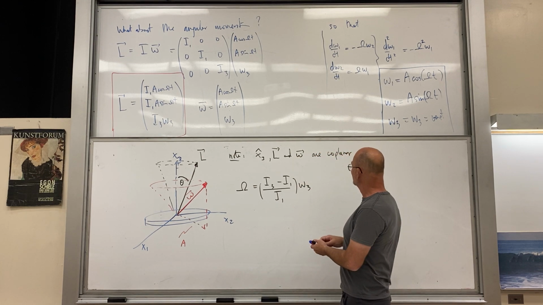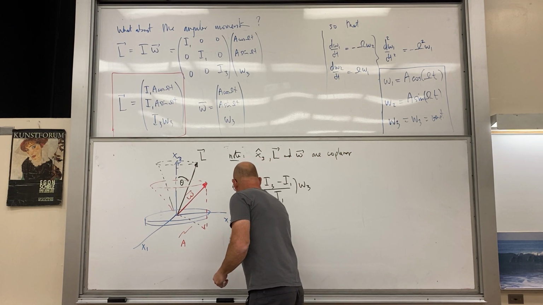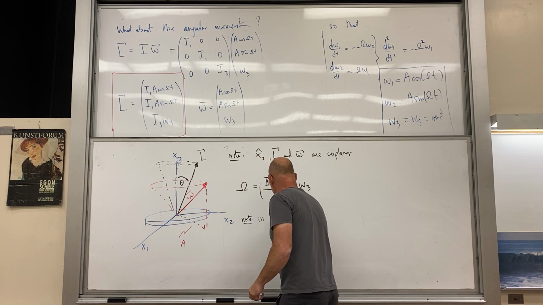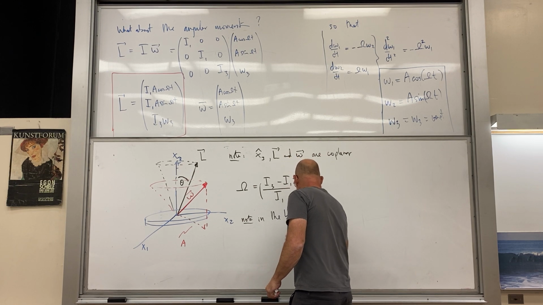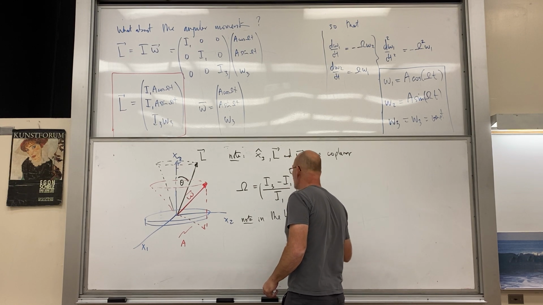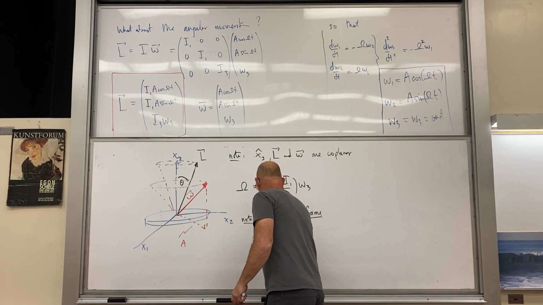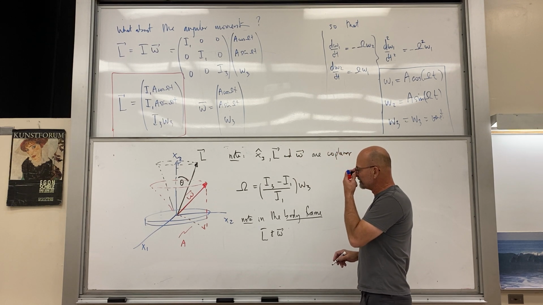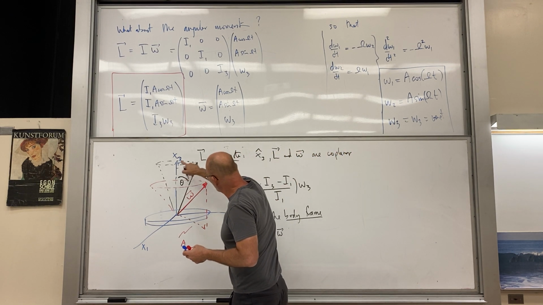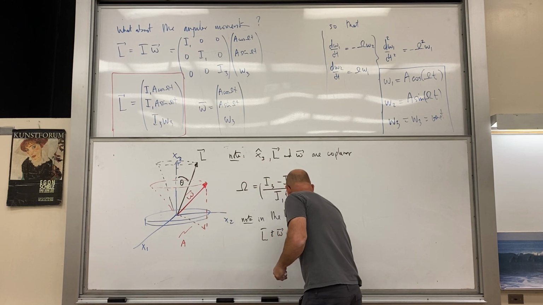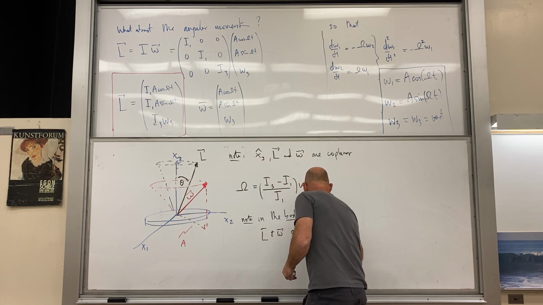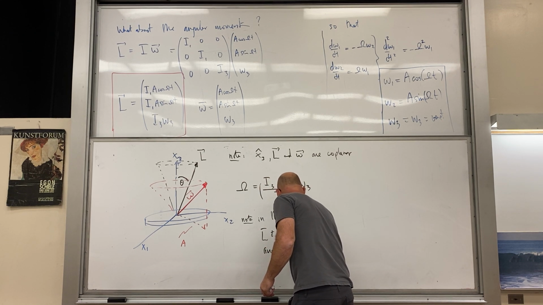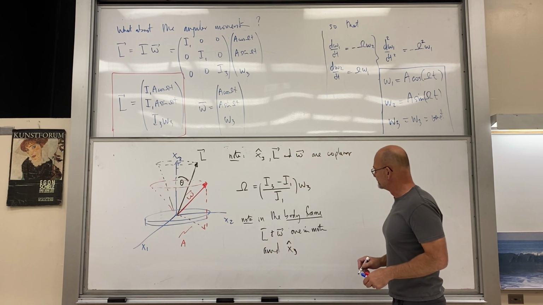So let's put some of this as notes so we don't forget it. In the body frame, L and omega move around x3 hat, which is just the body axis.